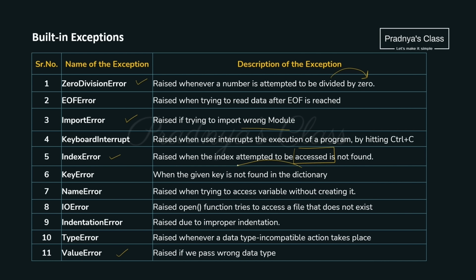In a dictionary, if key is not present, then you will get key error. Name error exception will get fired when you will try to access the variable without creating it, means without initializing some value to it. In case of improper indentation, you will get indentation error. If we pass wrong data type, value error will get fired.